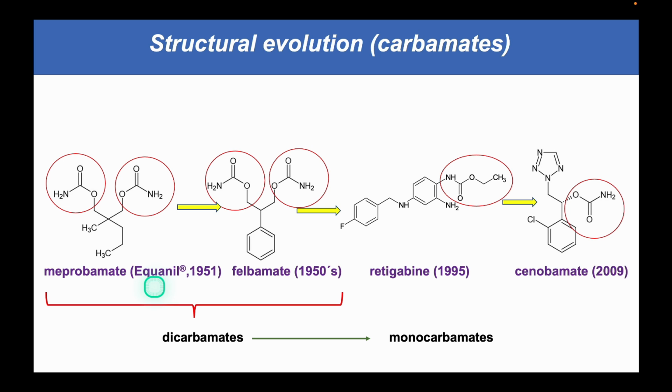The same research group that created Meprobamate also developed Felbamate at the end of the 1950s, although its antiepileptic activity was discovered 30 years later. These drugs belong to the class of dicarbamates. Subsequent research efforts generated the monocarbamates, such as Cenobamate and Retigabine.